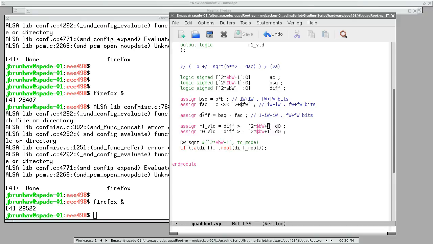The reason is that in this step, when we did diff, b square minus 4AC, so BSQ is 2 times bit width bits. If you perform an additive operation on 2 things of the same width, the biggest result is going to be one bit bigger. So this is 2 bit width plus 1. And in order for the constant to match in precision, it needed to be 2 bit width plus 1 tick D0. Though I suspect that since I'm doing 0, if I had written like 5 D0, it would have been fine.